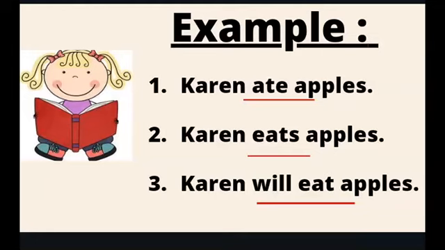Now, the time of the action is different in all the three sentences. I hope you have observed that the time of action is different in all the three sentences.